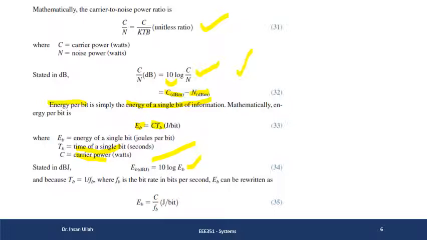And since the time of a single bit is equal to 1 over the bit rate, EB can also be expressed in terms of bit rate. Energy per bit is equal to carrier power divided by the bit rate.